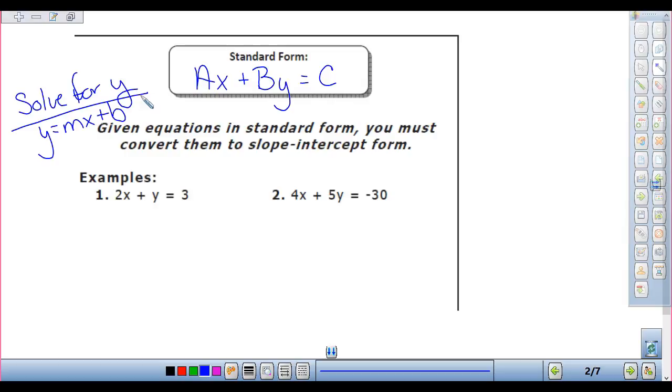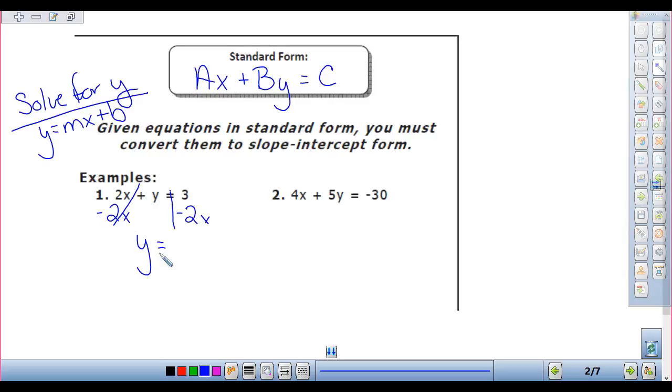Okay, so I have 2x plus y equals 3. What is on the same side as my y? The 2x. So how do I move opposite 2x? We're going to minus 2x on both sides. So I have y equals, now here's the deal. When we were doing this back in chapter 2, I let us write it as 3 minus 2x.